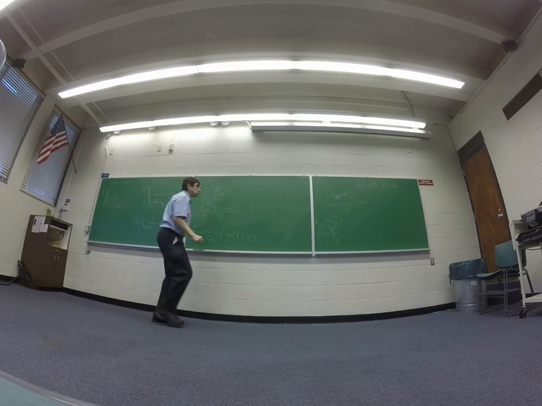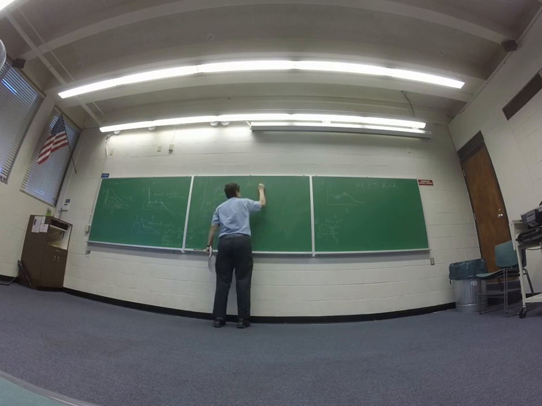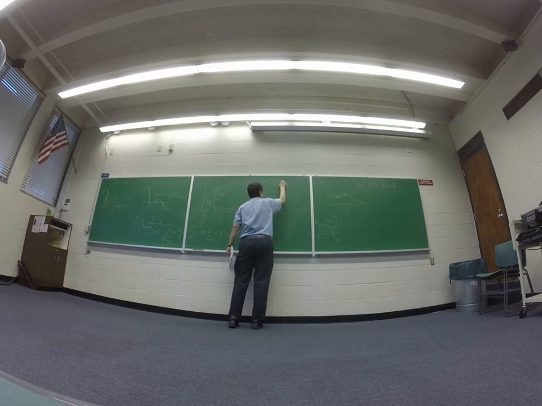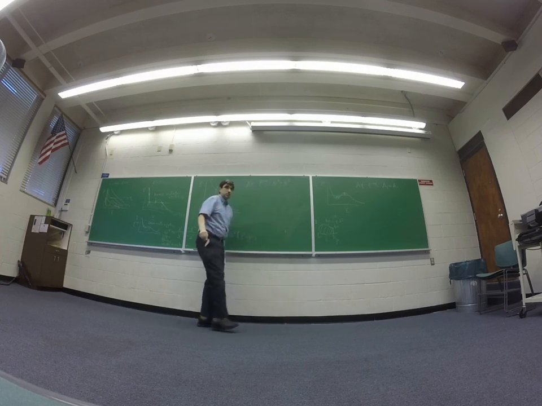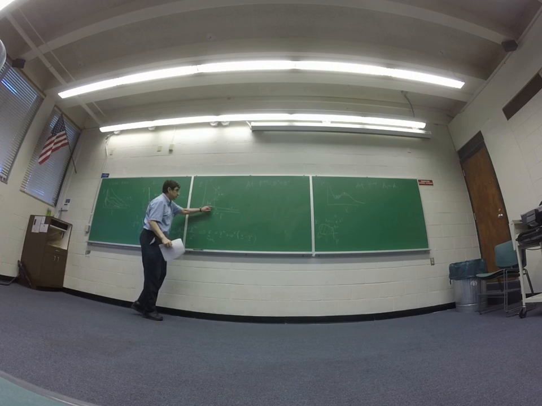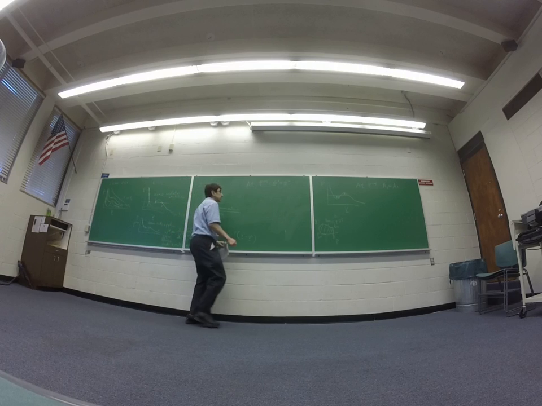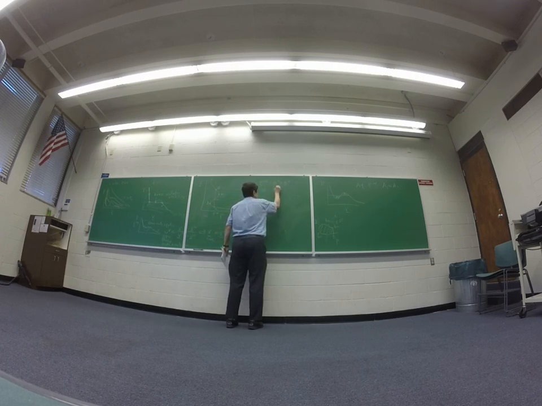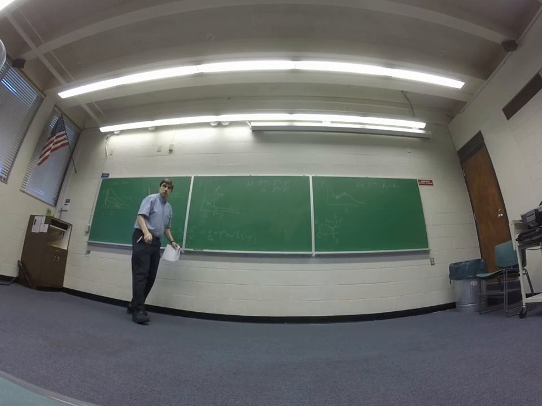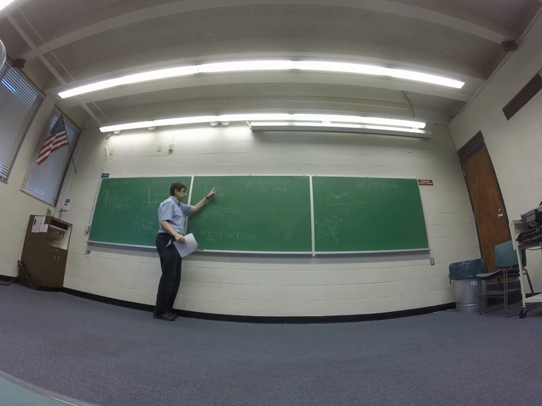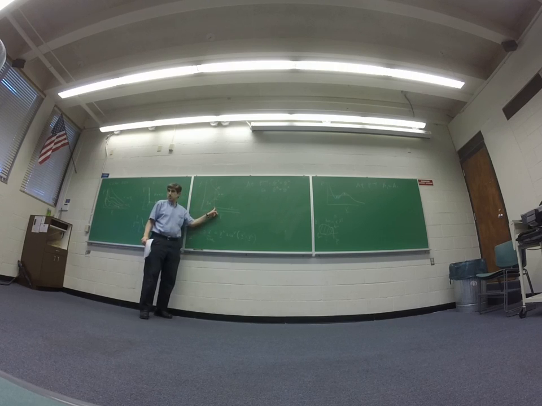What we know is that at the vapor pressure, I must have molar G of vapor equals molar G of liquid. So I know I have a vapor pressure if G of the vapor equals G of the liquid.